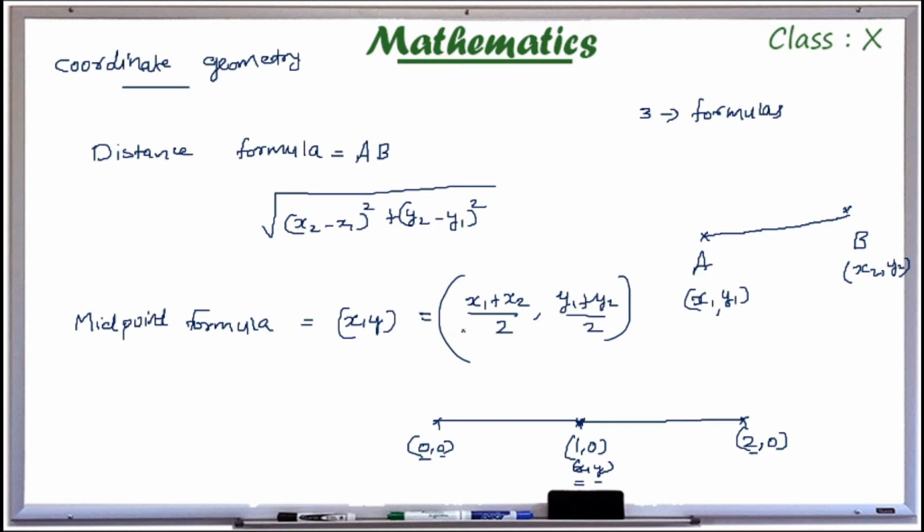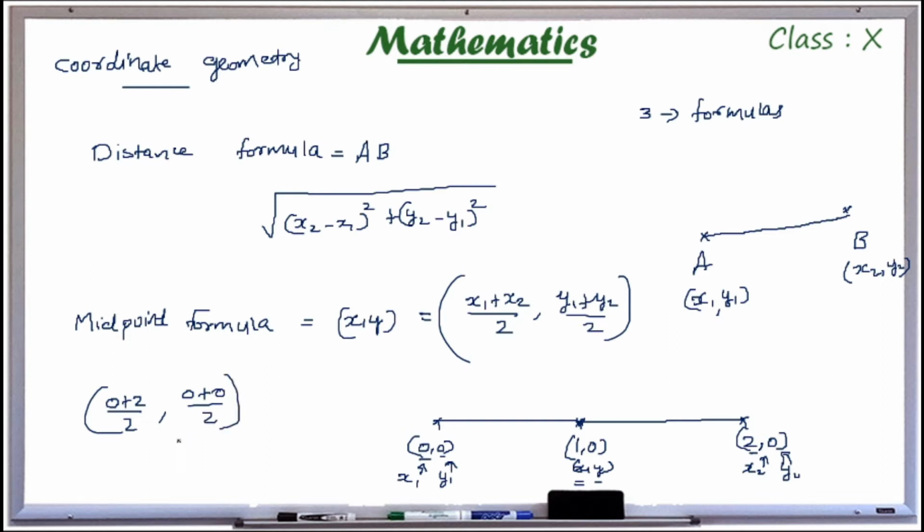We can check here in our example: x1 is 0, y1 is 0, x2 is 2 and y2 is 0. So I can check the midpoint formula, x1 plus x2. Here x1 is 0 and x2 is 2. So (0 plus 2) by 2, comma (y1 plus y2) by 2, here y1 is 0, y2 is 0, so (0 plus 0) by 2.